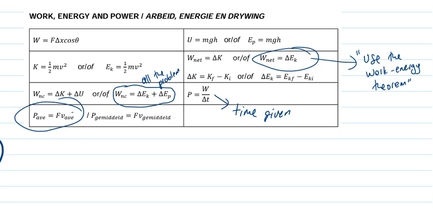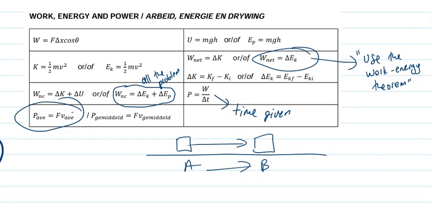Because sometimes the object might just be on a horizontal surface, moving from A to B. So in that case, the change in EP is going to be 0, because the initial height is 0 meters, and the final height is also 0 meters, because height is the distance from the ground. So if the object is just on the ground, then this is going to be 0. Okay, so that's what you're going to do there.